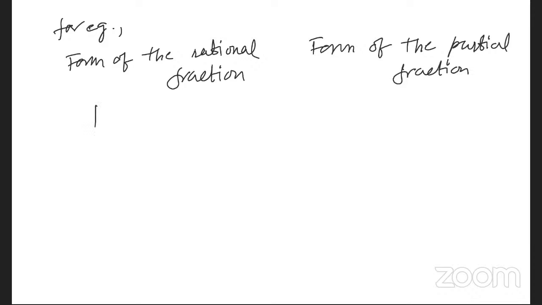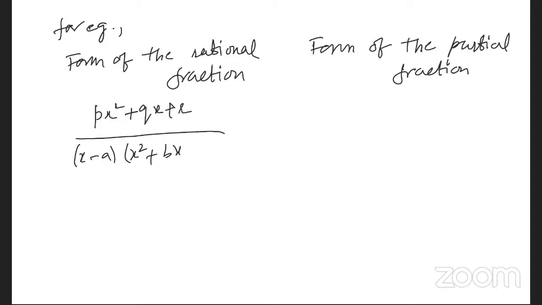Suppose it is (px² + qx + r) divided by (x − a)(x² + bx + c). We consider a non-repeated linear factor and a non-repeated irreducible quadratic factor. You can take the combination also.